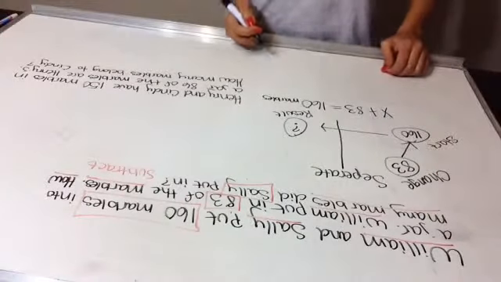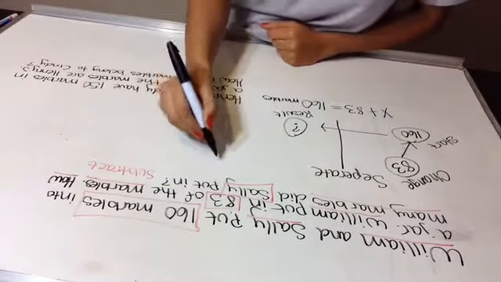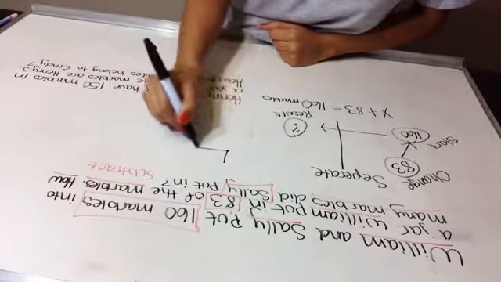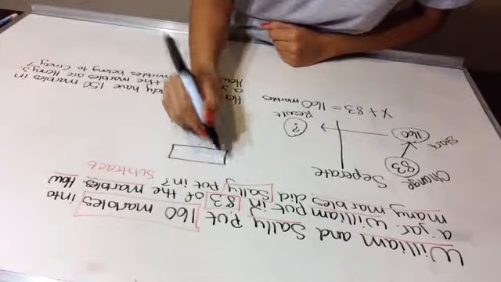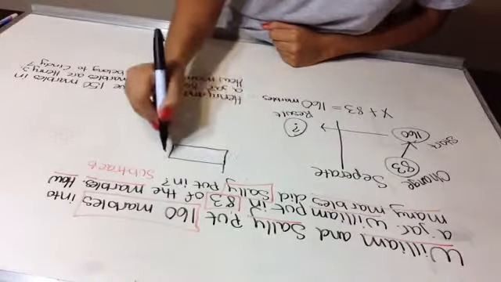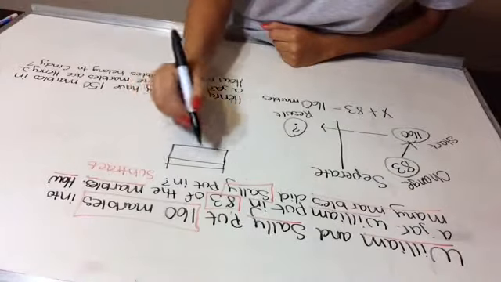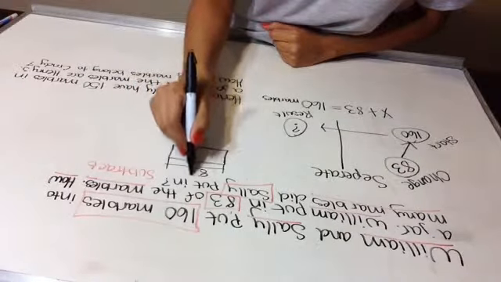So let's look at our strip diagrams for using this method. We have here 83 marbles.